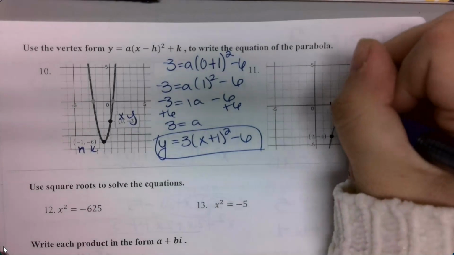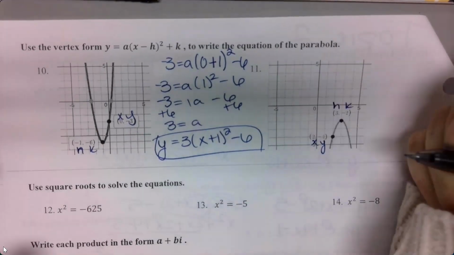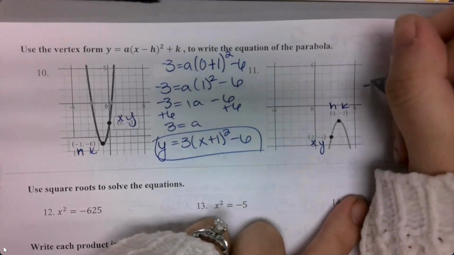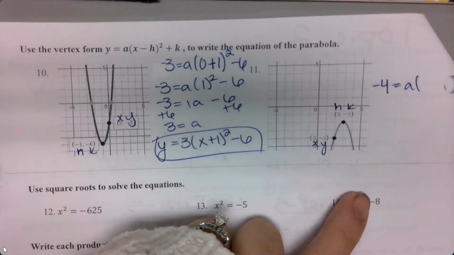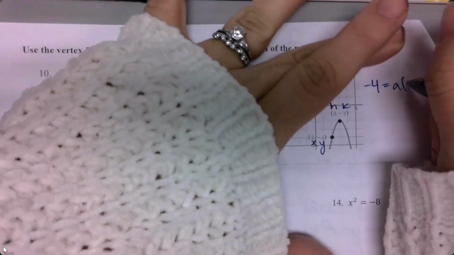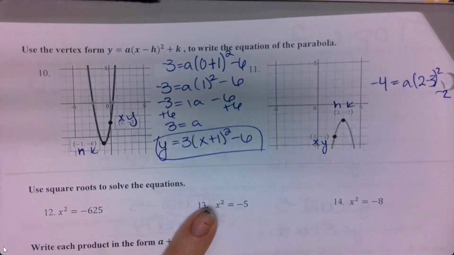On this one, 3, -2 is my hk. 2, -4 is my xy. So I'm going to have -4 equals a times my x, which is 2 minus 3 squared minus 2. So then I want to solve.